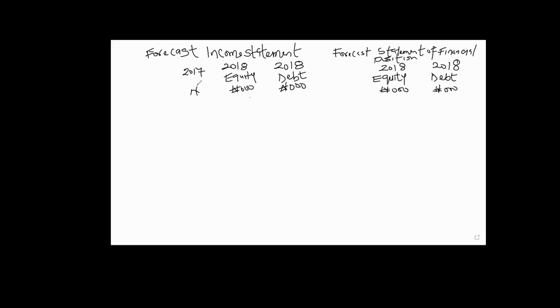You now want to forecast 2018. If the new project is financed by equity, what is the income statement? Alternatively, if the new project is financed by debt, what is the income statement?